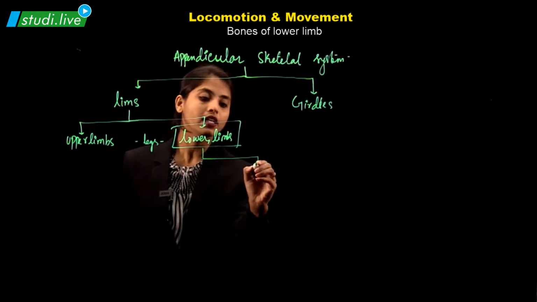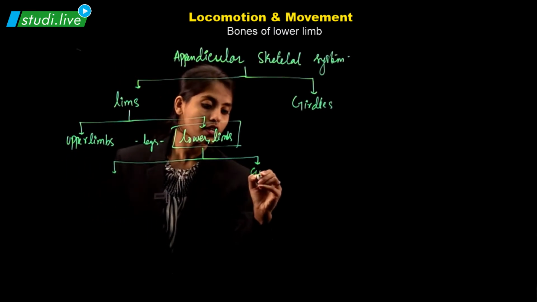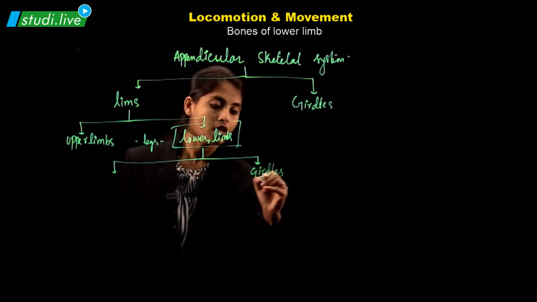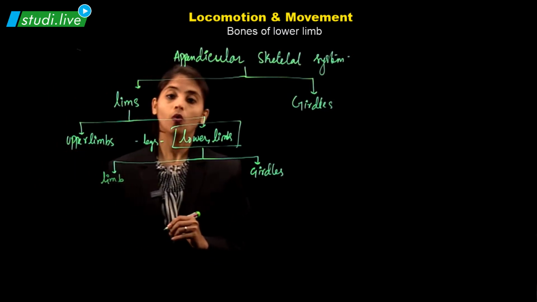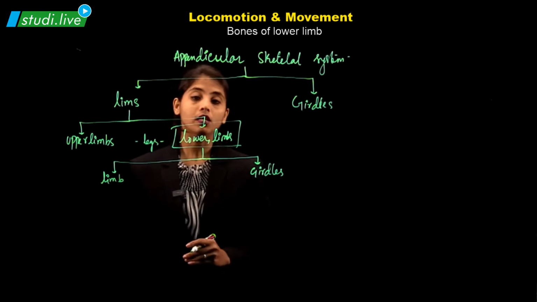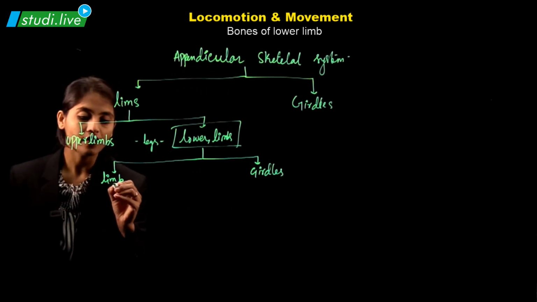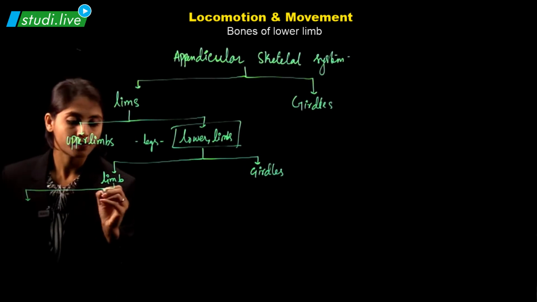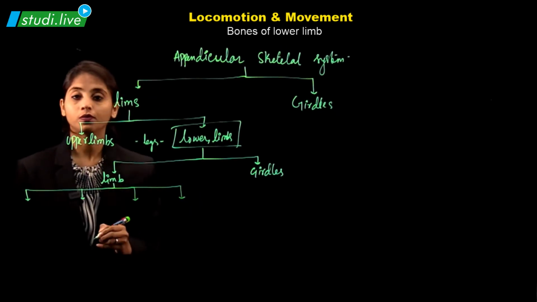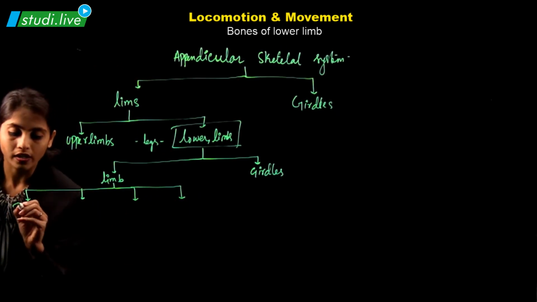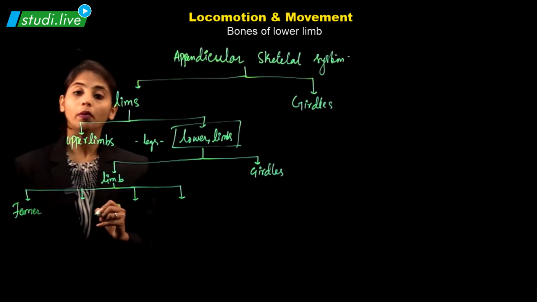The lower limb is being categorized into two classes, or two types, I can say, two types of bones, the girdle bone and the limb bone. Well, student, the limb bone comprises of 4 different types of bones. So here we have the different setup of the different bones. Well, the first one is femur.